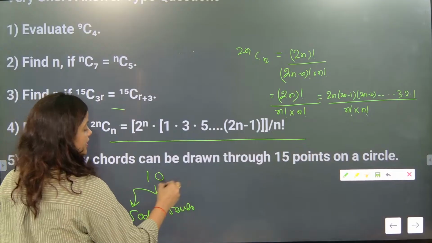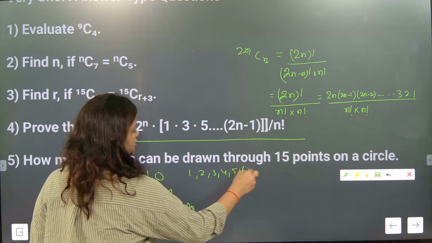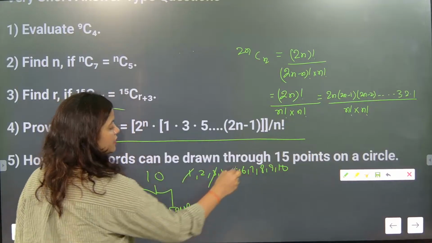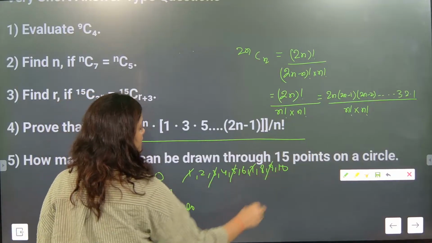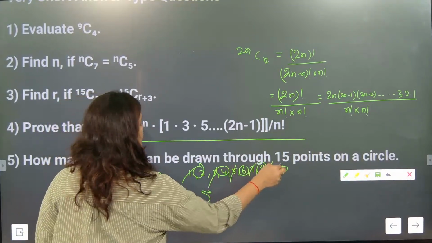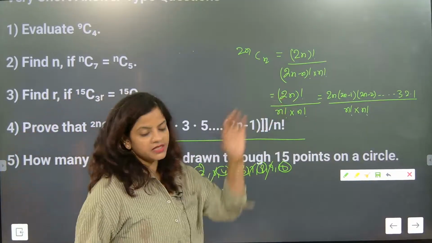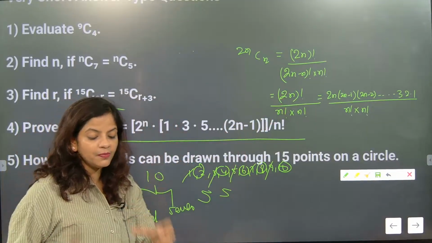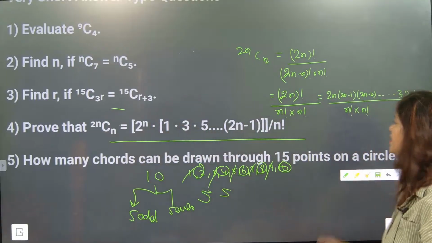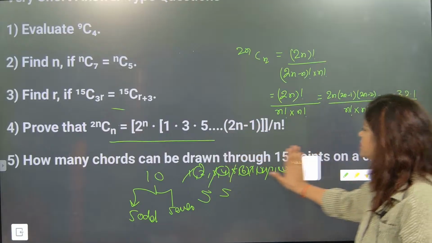How? Now look here, 10 can be written as 1, 2, 3, 4, 5, 6, 7, 8, 9, 10. So here 1, 3, 5, 7, 9, 5 numbers are odd, and 2, 4, 6, 8, 10, 5 numbers are even. In the same way, if 2n numbers are there, half the numbers will be odd and half the numbers will be even, because 2n is an even number.